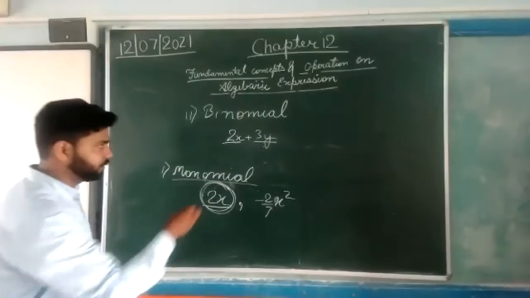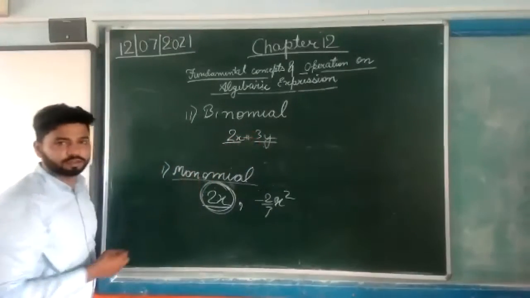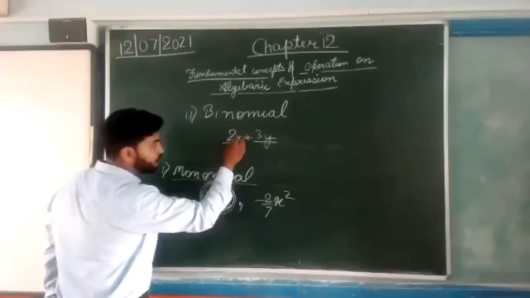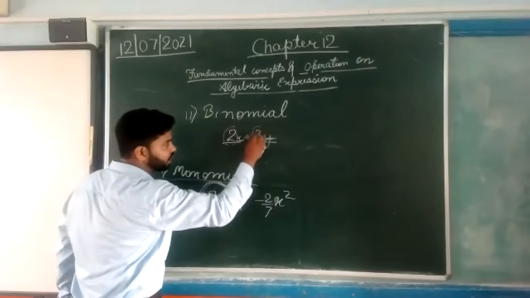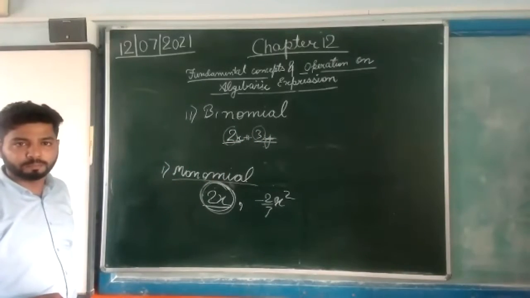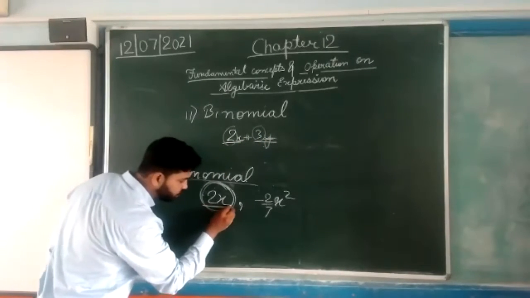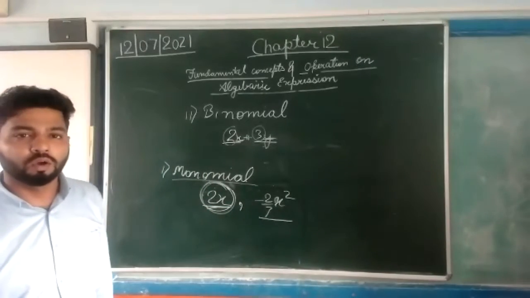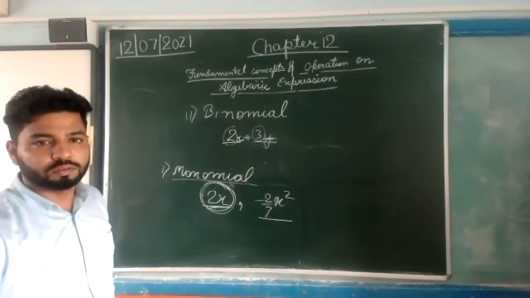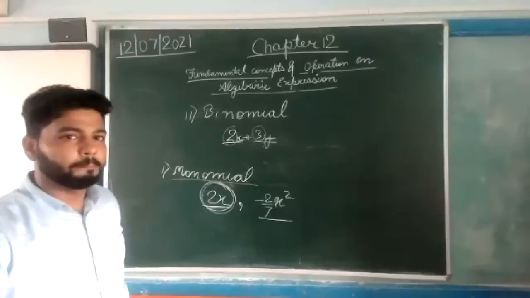Two terms are connected with plus sign, so that is called the binomial. Here x and y are the variables and 2 and 3 are the constants. Okay? This is consisting of only one term, this is also consisting of only one term, so it is called a monomial. Okay, sir. Thank you, sir.